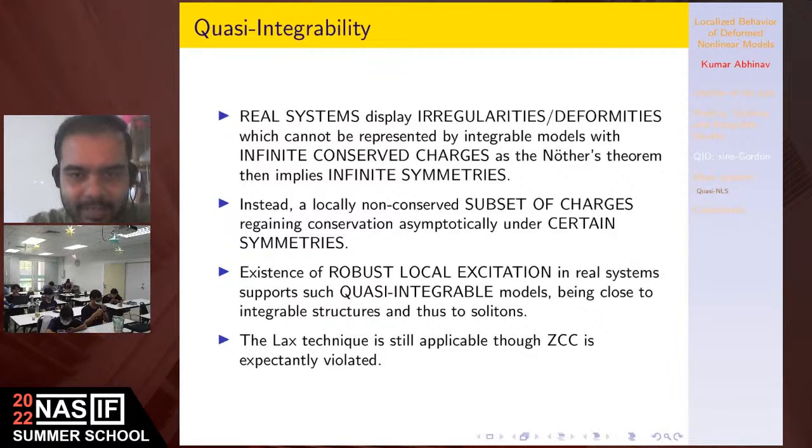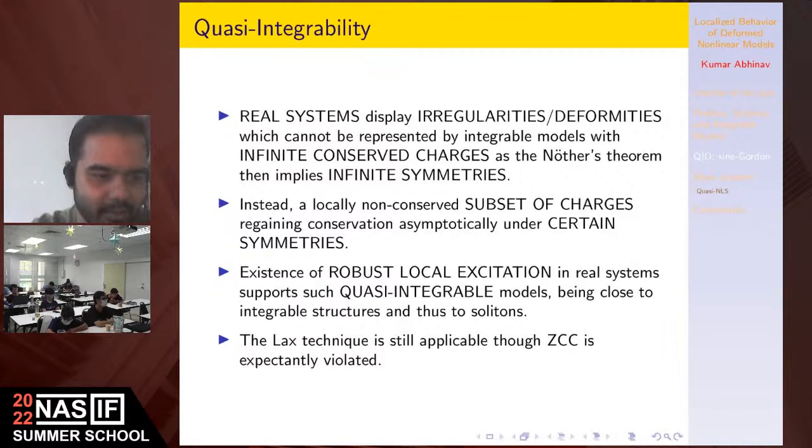So real systems are finite, first of all, but that does not mean they have finite degrees of freedom, because we are going to model them as continuous systems, and even if the extent is finite, the number of degrees of freedom will still be infinite. Remember that. But what is interesting about real systems is that they have irregularities or deformities. What do you mean by irregularities or deformities?